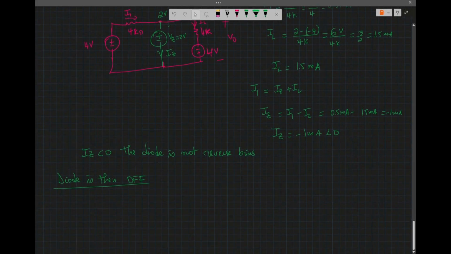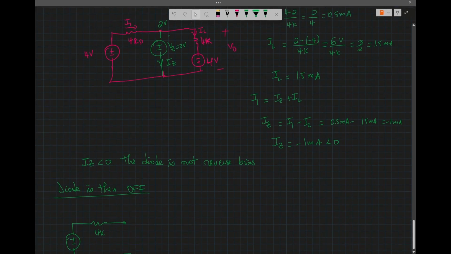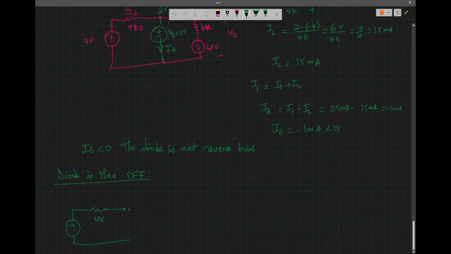So when the diode is off, then we have this scenario. 4 kilo ohm, diode is off, it's open, and we have the 4 kilo ohm and the source here.